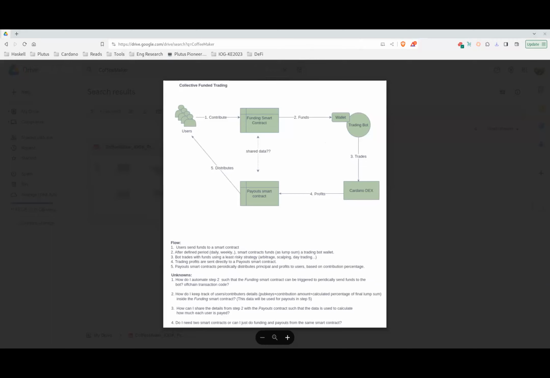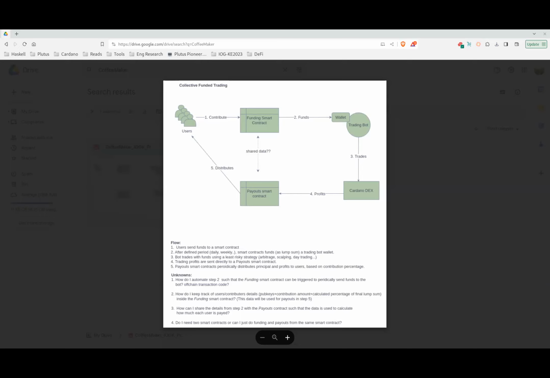Then that trading bot is programmed to trade periodically on a DEX, right? So I'm thinking of ADA versus Cardano tokens, MinSwap, MuesliSwap, and all the rest. And then all the profit that it makes, that is number 4, it sends to another payout smart contract which calculates the shares of whoever contributed how much, and pays out percentages from the profits.